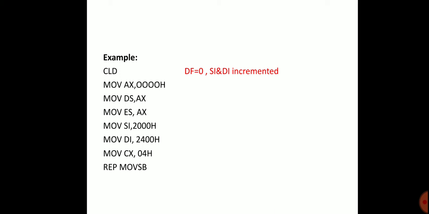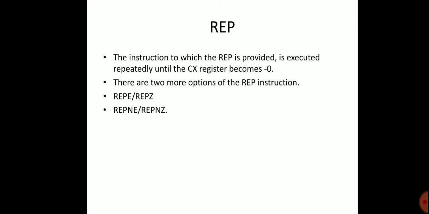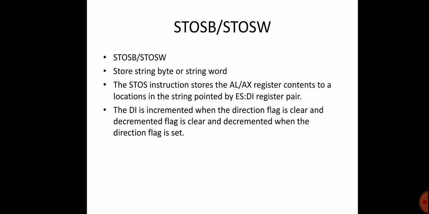Now we move to the repeat function. An instruction to which repeat is applied is executed repeatedly until the CX register becomes 0. There are options of the repeat instruction: repeat while equal, repeat while zero, and repeat while not equal, repeat while non-zero. Next, store string byte and store string word.